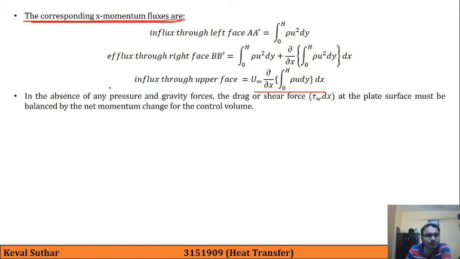So now, in the absence of any pressure or gravity forces, the drag force or shear force, that is tau w dx.